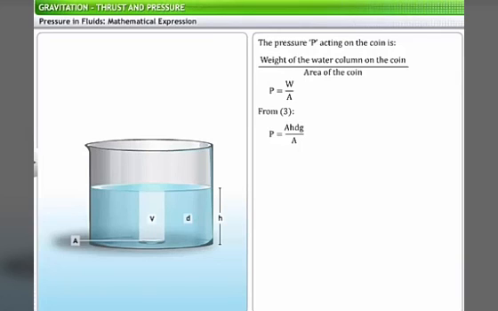This gives the expression of fluid pressure P. P is equal to hdg, where h is the height of the water column, d is the density of the water, and g is the acceleration due to gravity. Using this expression, you can calculate the pressure applied by a fluid on the walls as well as the base of a container. The pressure at a point in a fluid is equal in magnitude in all directions.